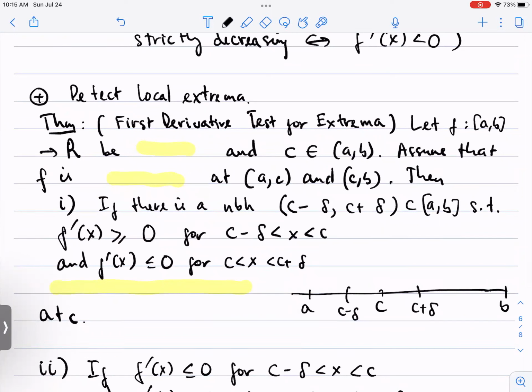Another very important application of the mean value theorem is to detect local extrema. The theorem here is called the first derivative test for extrema. Let f be a function from some interval a, b to the set of all real numbers. Furthermore, we assume that the function is continuous.